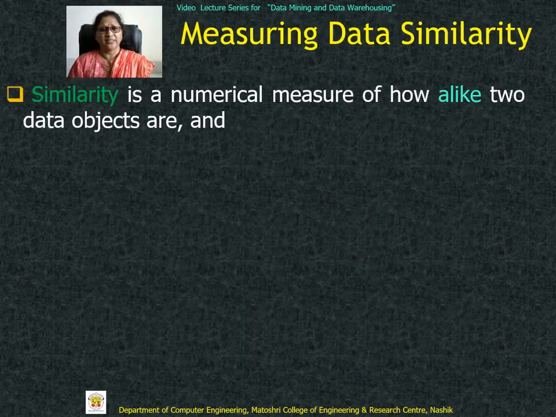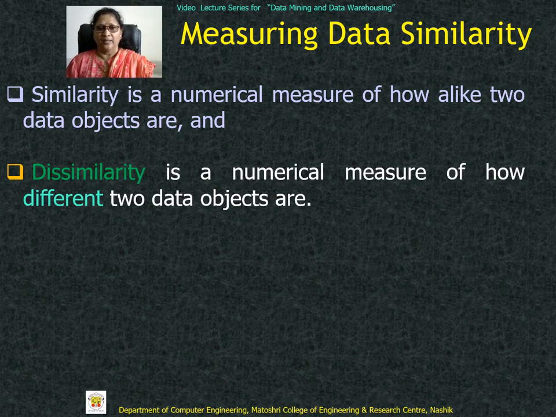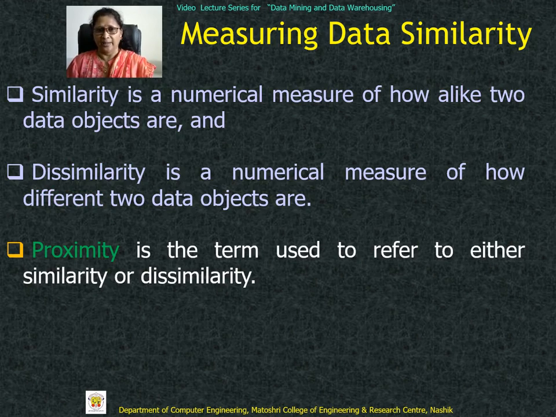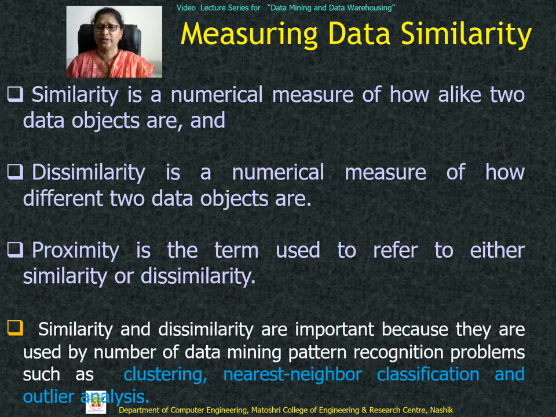Let us define these terms. Similarity is a numerical measure of how alike two objects are, and dissimilarity is a numerical measure of how different two objects are. And proximity, do remember this simple term, refers to either similarity or dissimilarity. So when we say proximity, it refers to both.